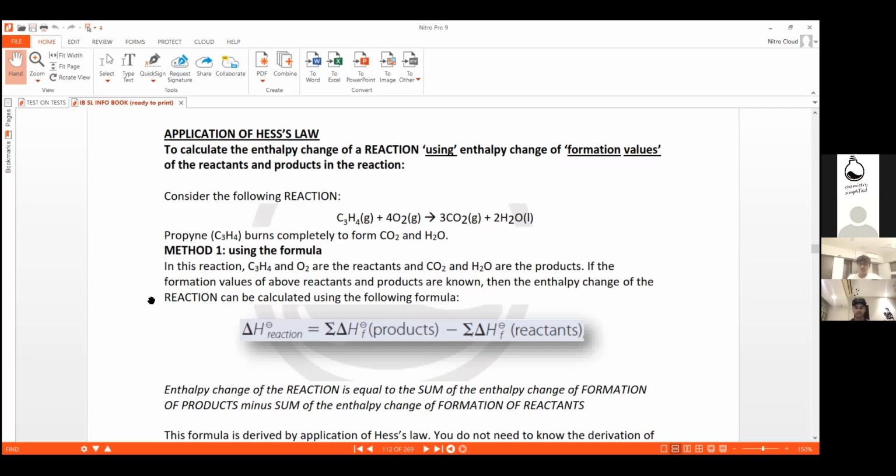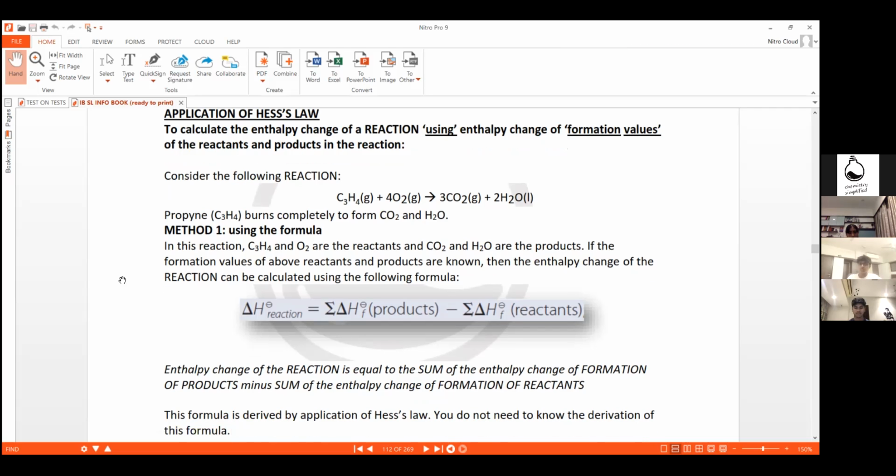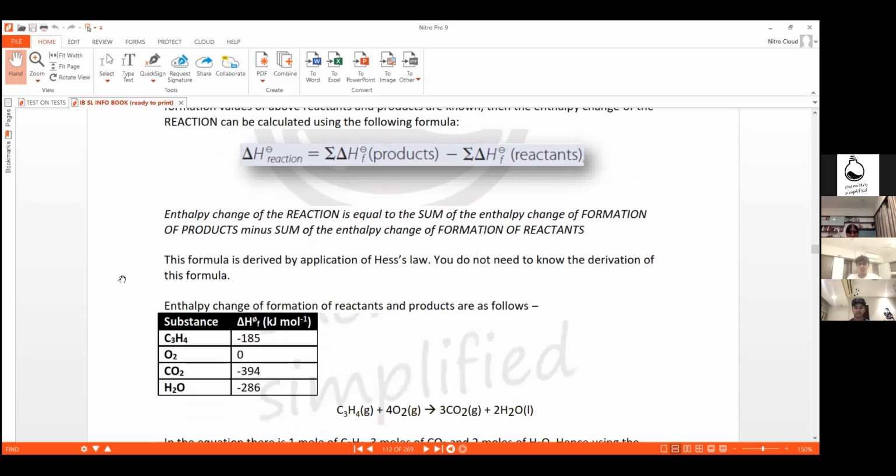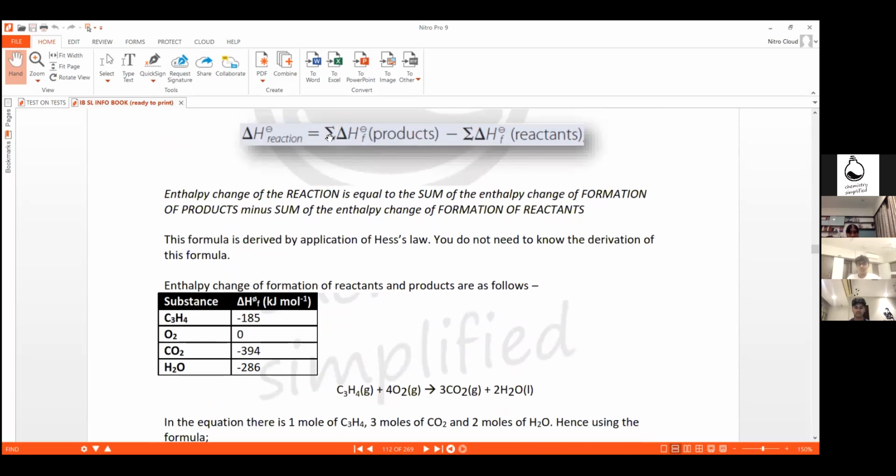We saw how we can find the enthalpy change of a reaction by using the enthalpy change of formation values of the reactants and the products. These are the products, carbon dioxide and water, with their enthalpy change of formation values, and these are the reactants and their enthalpy change of formation values.